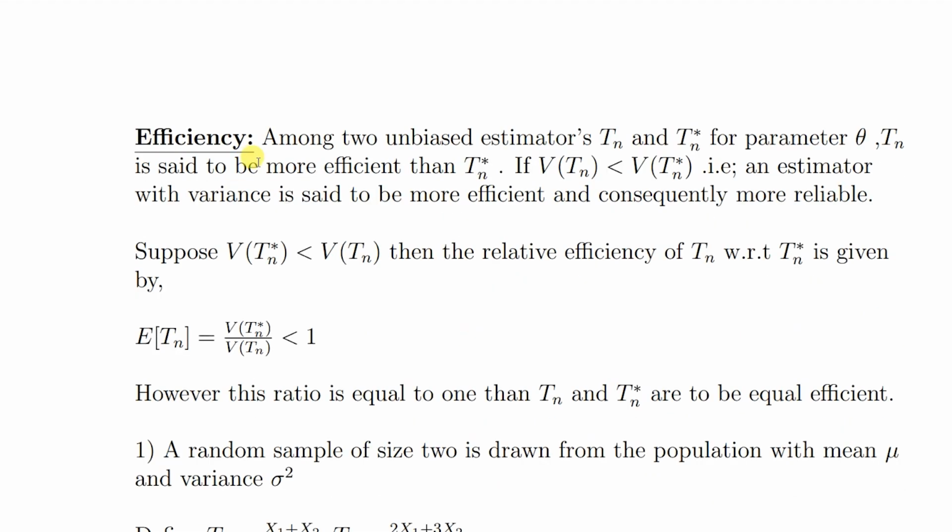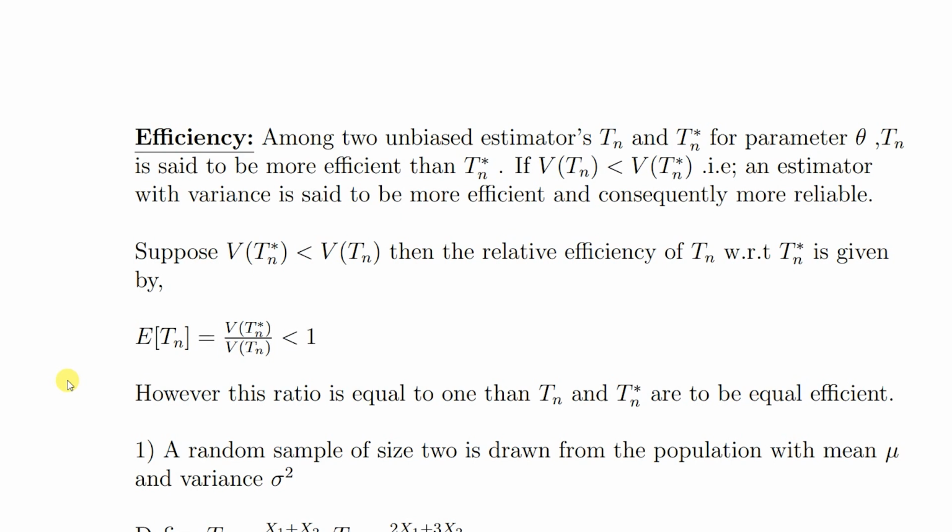Suppose variance of Tn star is less than variance of Tn, then the relative efficiency of Tn with respect to Tn star is given by the variance of Tn star divided by the variance of Tn, which is less than 1. However, if this ratio is equal to 1, then Tn and Tn star are said to be equally efficient.